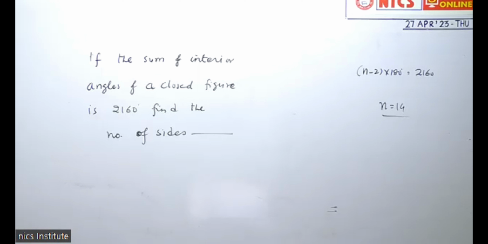If a polygon has 14 sides, what do you call it? Anyone remember this?